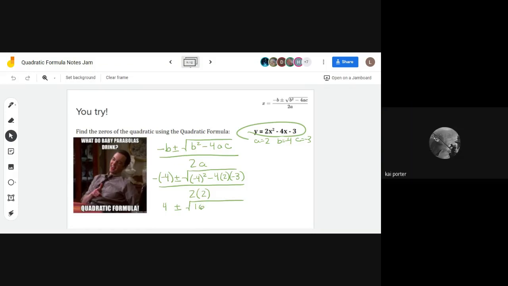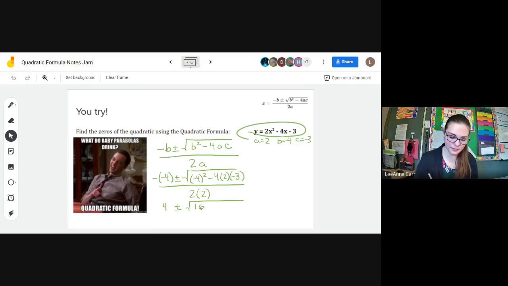Good. And then the other two together got me 24. 24. Yes. Good. We're getting it. See, we're taking it bit by bit. So now I divide. I'm even going to simplify the denominator because why not? I got over 4.